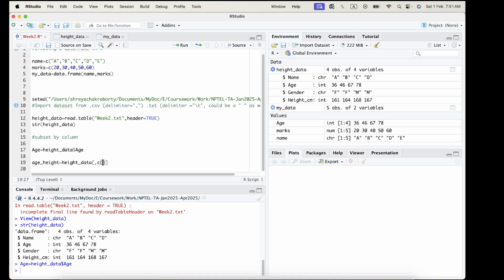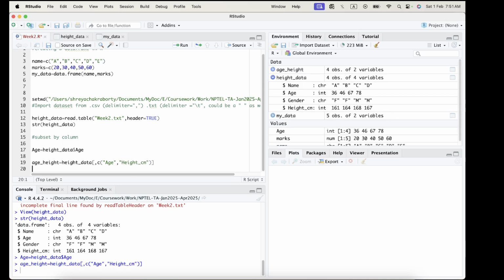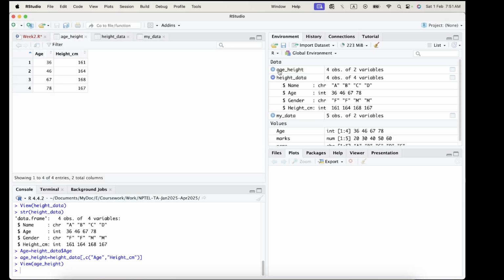So I am going to write c, concatenate, age and height, but I have to be careful. The name of the column is height_cm, so I'm going to write this and then run it. So you see age height will only have the age and the heights.